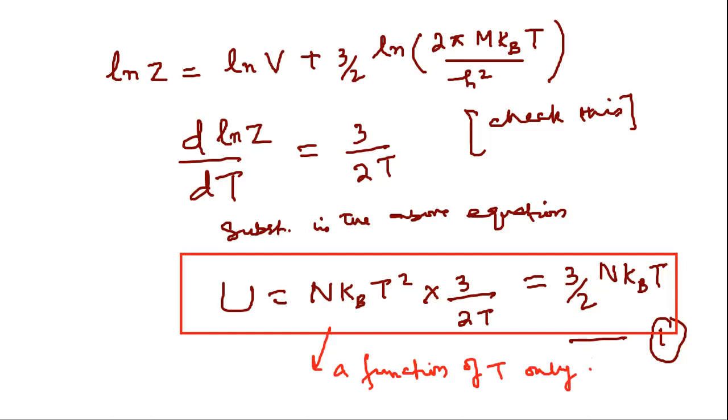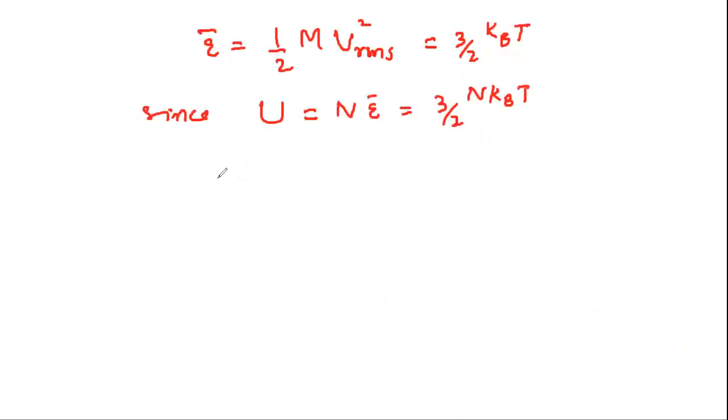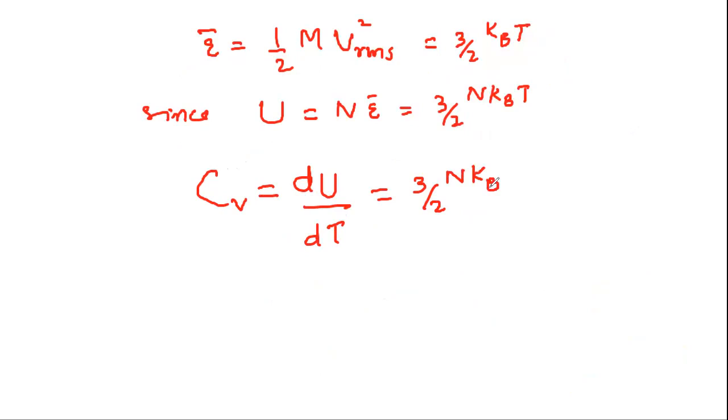Now we can easily find from it the CV, that is heat capacity at constant volume, which is simply dU by dT. So it will turn out to be simply 3 by 2 N kB. So this is my equation second. Let me encircle it in pink color.